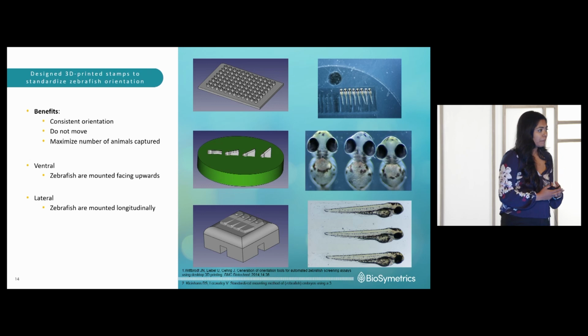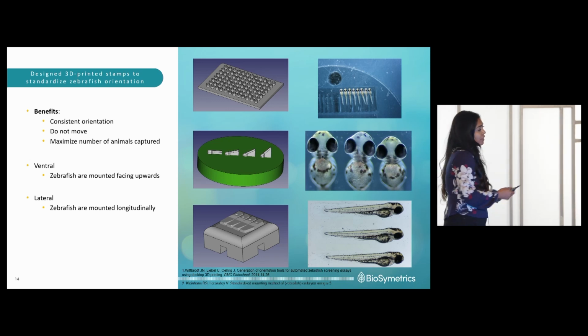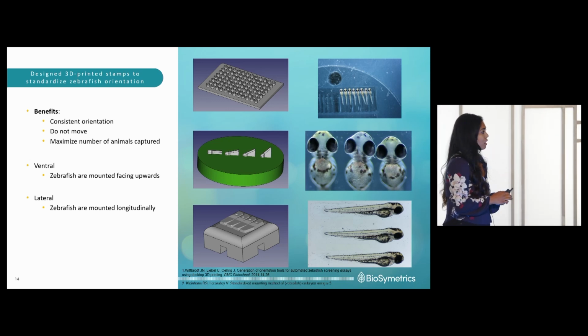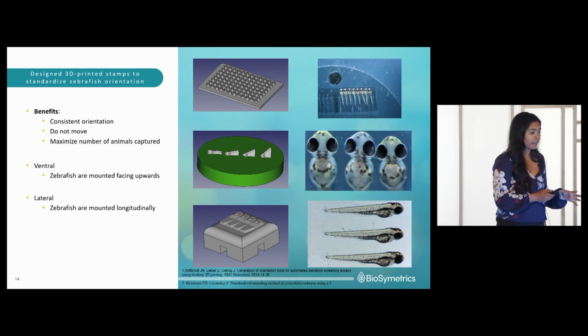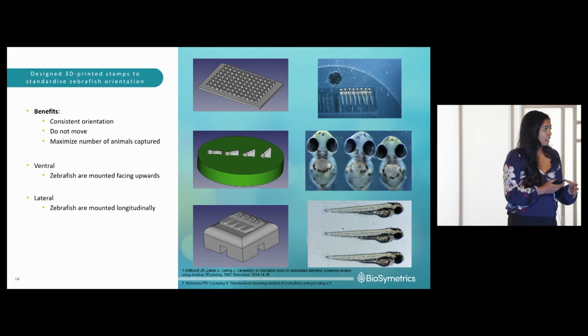So we have 2 stamps. One is a novel stamp that our company had developed, which is a ventral stamp, and this is where the fish are facing upwards. So you're placing the fish up towards the microscope, and you're able to see the ventricular area in general, and this would help with locating the ventricle, pericardium, things of that nature.